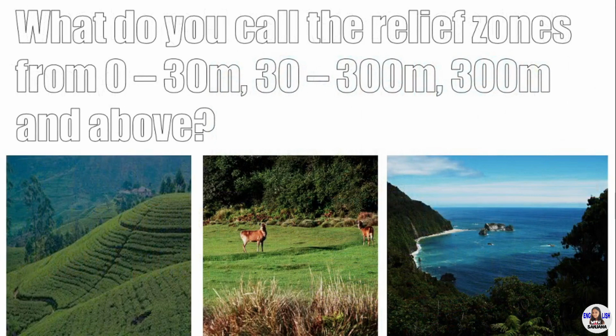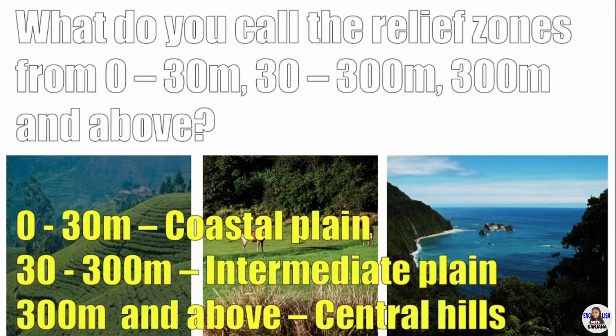What do you call the relief zones from 0 to 30 meters, 30 to 300 meters, and 300 meters above? 0 to 30 meters, coastal plain; 30 to 300 meters, intermediate plain; 300 meters and above, central hills.